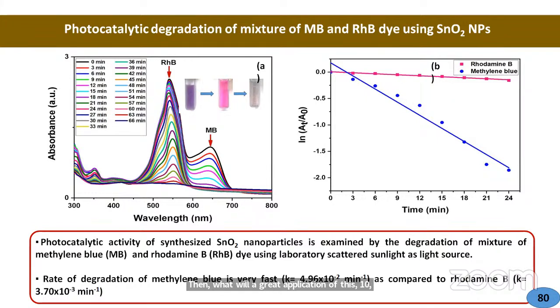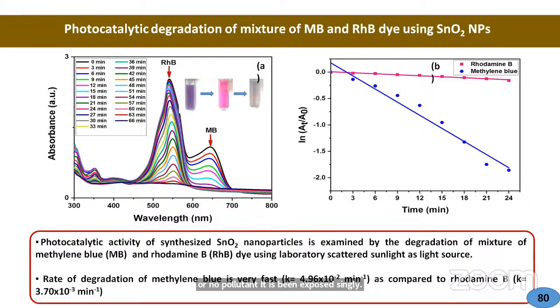Very interestingly, we could also take rhodamine B and compare it with methylene blue. This is showing a very interesting degradation of a mixture simultaneously. Why did we do it? Because we know that in nature no dye or pollutant is exposed singly; there is always a mixture.